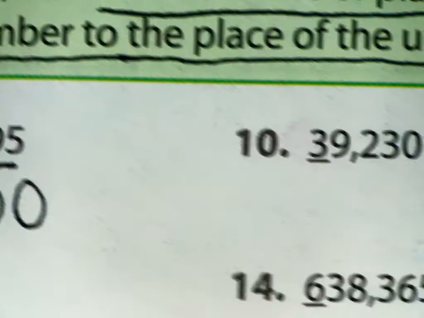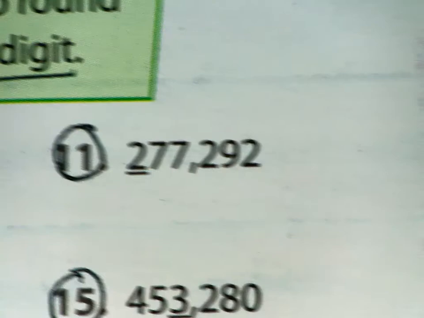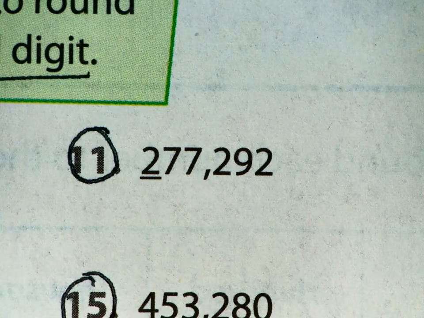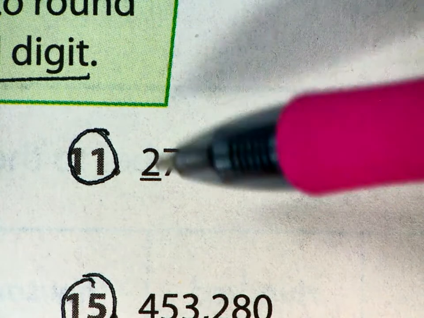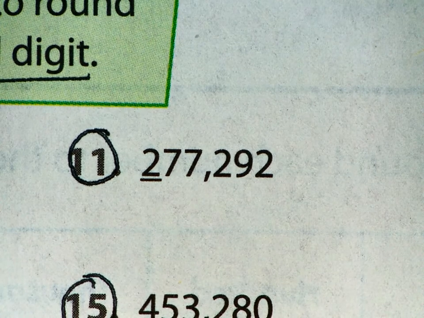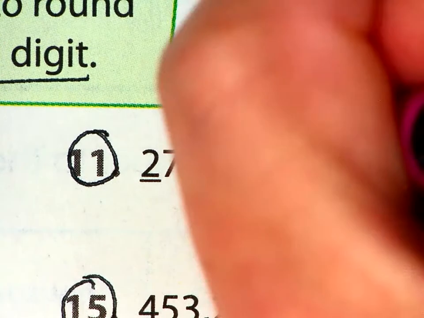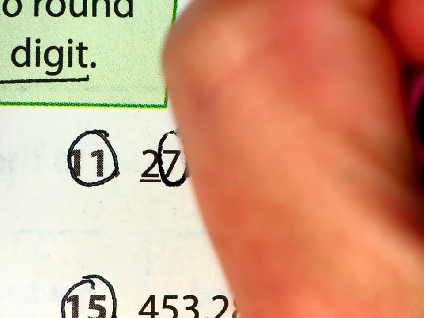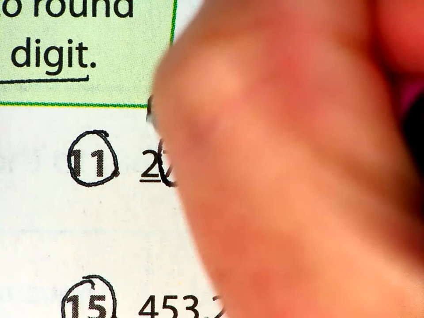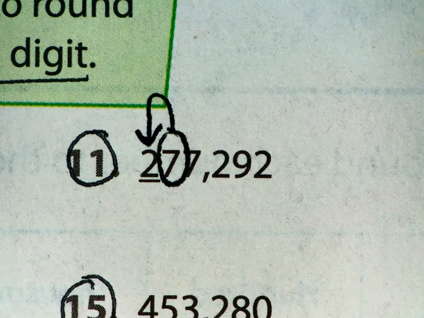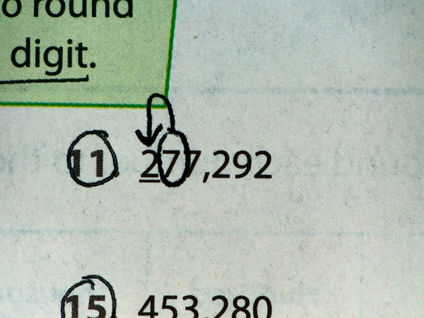Let's look at question number 11. So I'm going to scoot this over. So the underlined digit is in the 100,000s place, so we're rounding to the 100,000s place. So I'm going to circle the neighbor right next door. Again, it's going to tell this guy what to do. And we're going to think to ourselves, is my circled digit 5 or more?